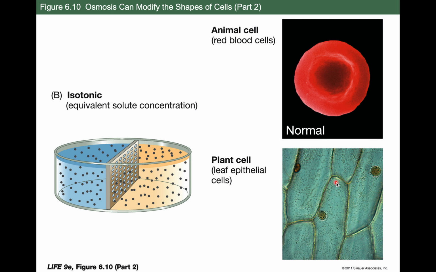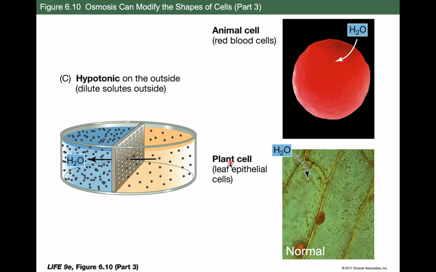So animal cells generally like to be in an isotonic environment. We have the same concentration of solute inside and outside the cell. The red blood cell looks very happy. Plant cells look better now, but they're actually not going to be entirely content until they are in a hypotonic environment.